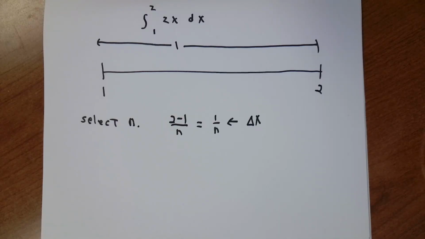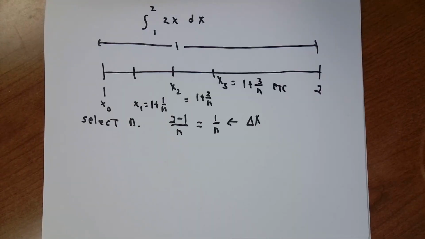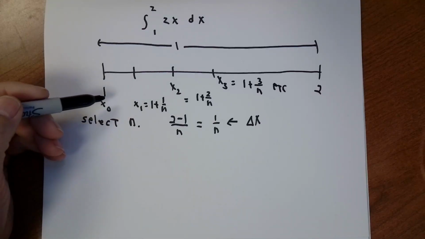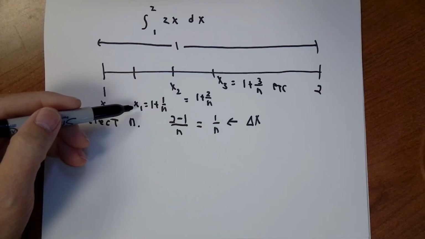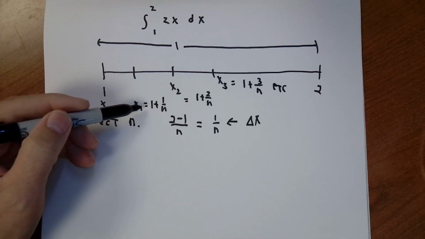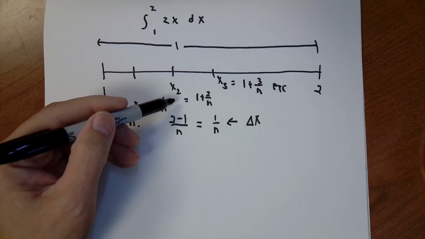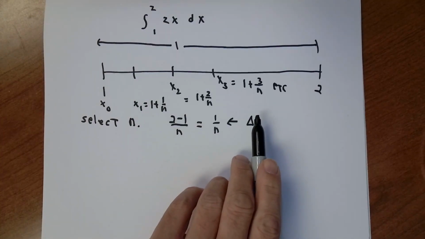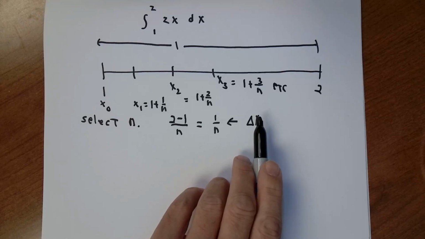x equal 1 is equal to x0. x equal to 2 is equal to x number n. x number 0 is 1. x number 1 is delta x more than that, so that'll be 1 plus delta x, 1 plus 1 over n. x number 2 is delta x more than x number 1 was, so that will be 1 plus 1 over n, and then add 1 over n, 1 plus 2 over n. x number 3 is 1 plus 3 over n, and so on and so forth.